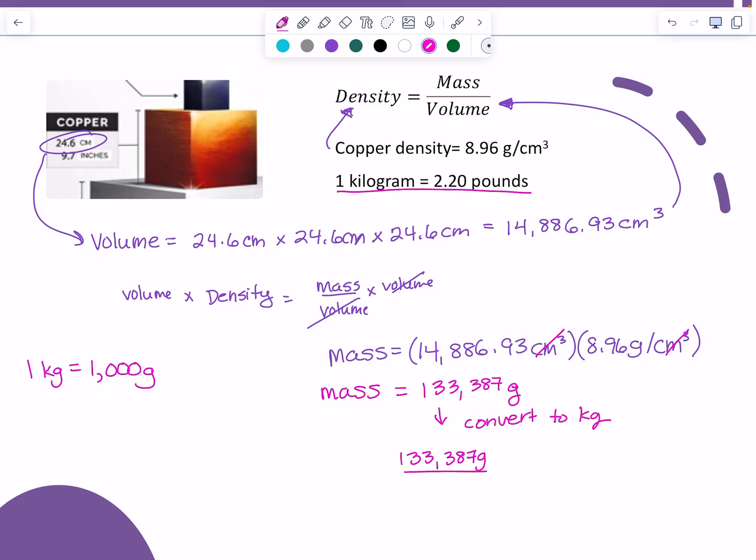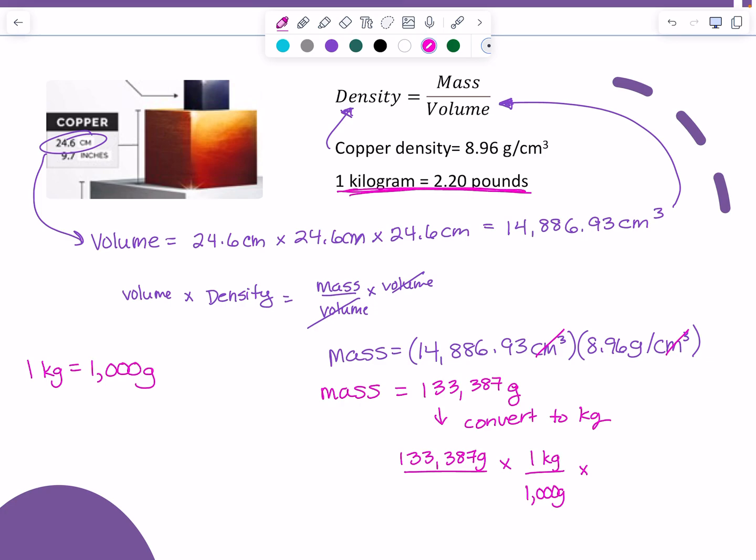What would that number be in scientific notation? It would be 10 to the 3, because it's bigger than 0, right? So we're going to multiply that by a kilogram divided by 1,000 grams, so that our grams will cancel, okay? And now we want to convert our grams into pounds. So we're going to use this conversion factor up here.